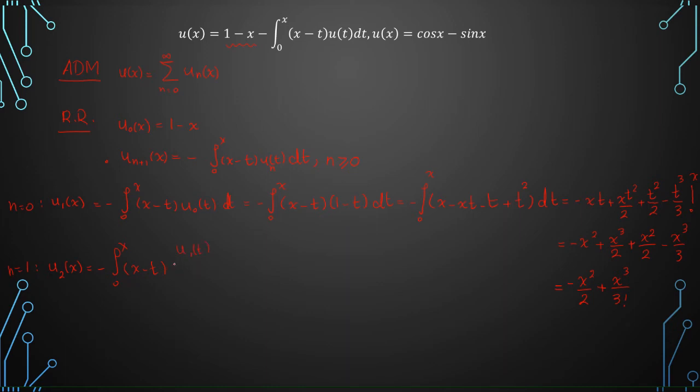Our u1 of t is minus t squared over 2 plus t raised to 3 over 3 factorial.